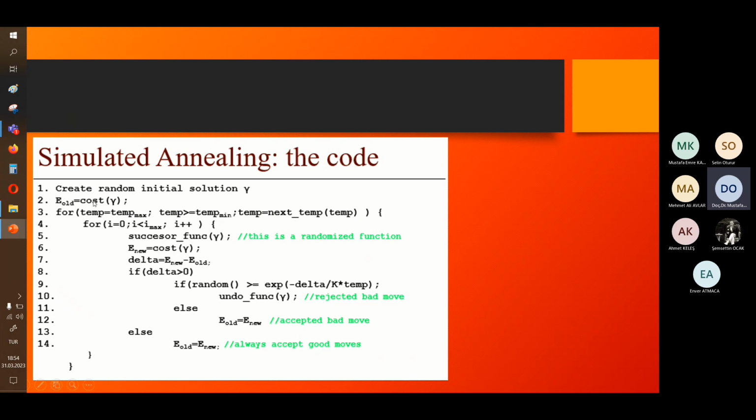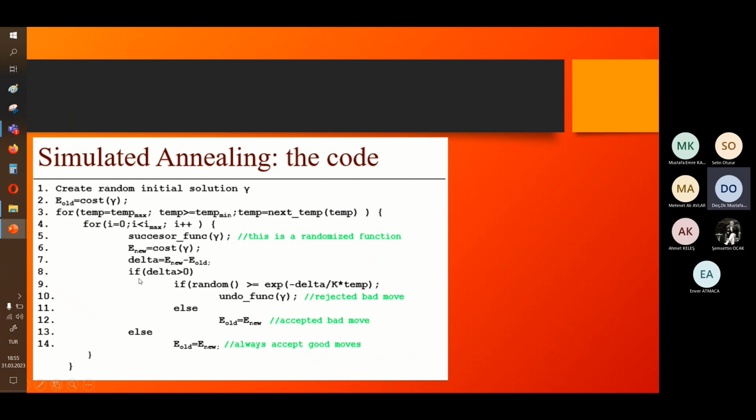So it will be decreased with the help of the function in here. Then we will create a new solution within the neighborhood of the current solution. The current solution will be called old, and the candidate solution will be new. We will calculate the cost of this new solution, assign it to energy new, and calculate the delta.